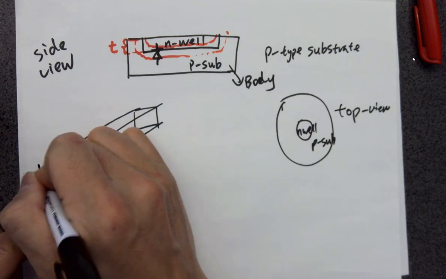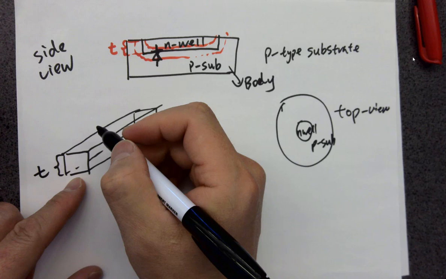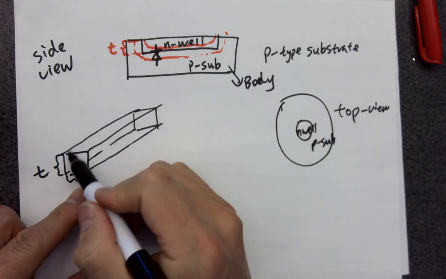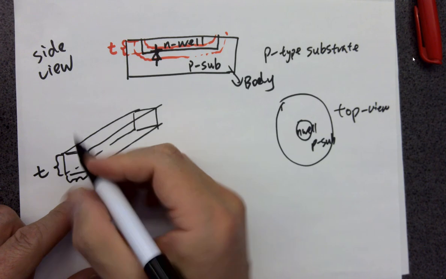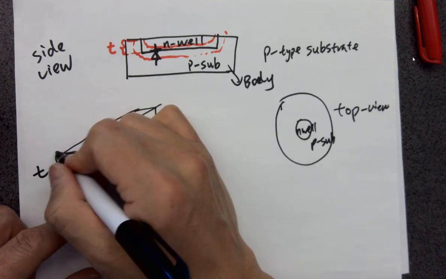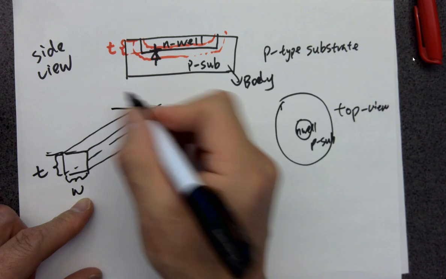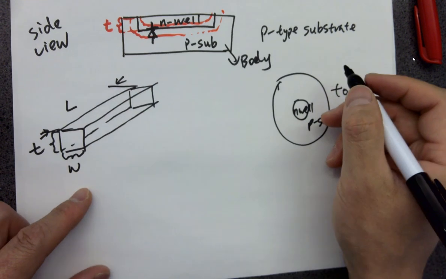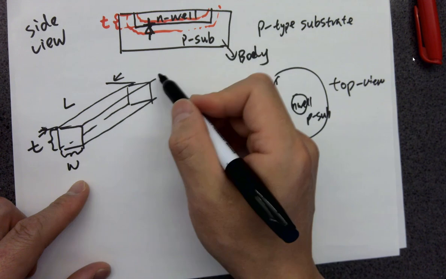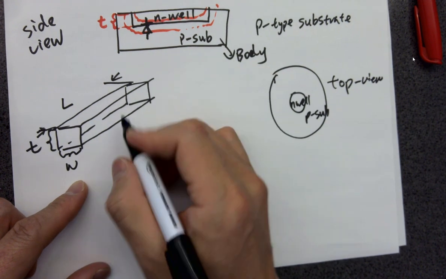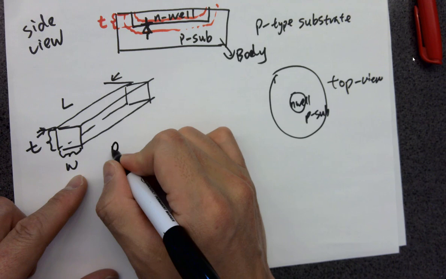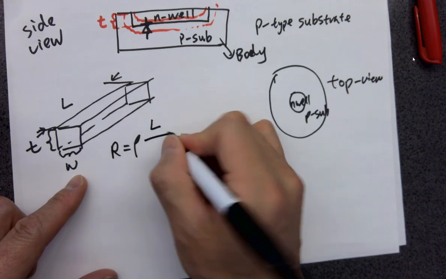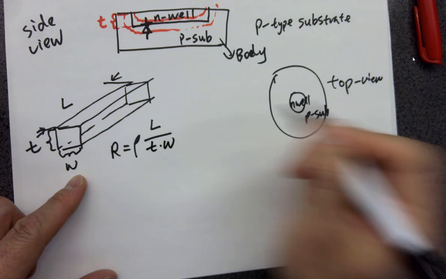Thickness, T. What is this dimension? Or here, it's the same, right? Let's call it width. And this one here will be the length, right? Okay, so if we are using this kind of rod as a resistor, you need to know that R equals what? R equals rho, which is resistivity, times L over T times width.